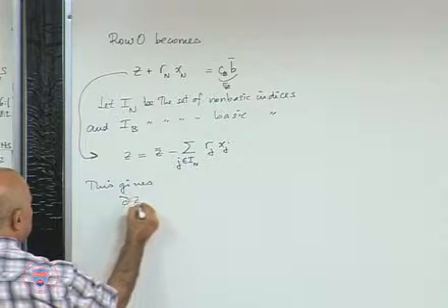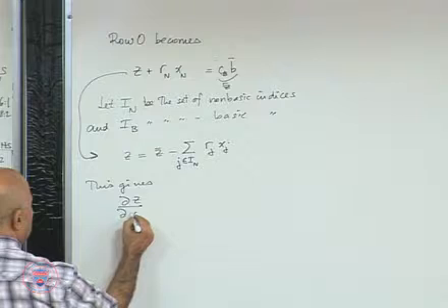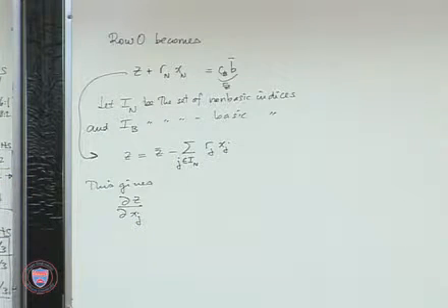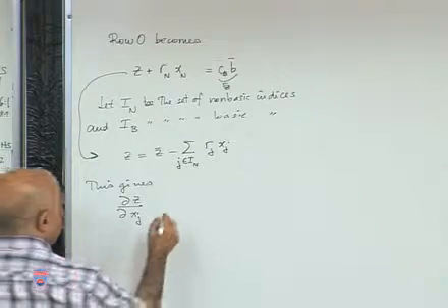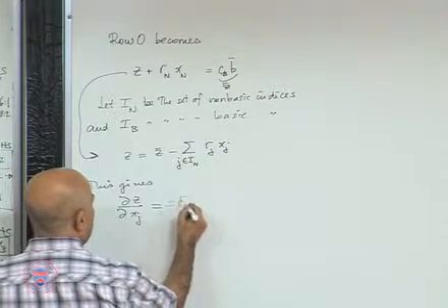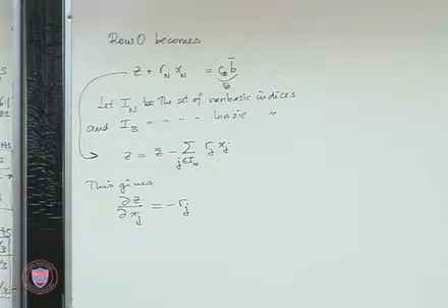So the rate of change in z, if you allow xj to vary from 0 upwards, is going to be the negative of Rj, the coefficient for xj.